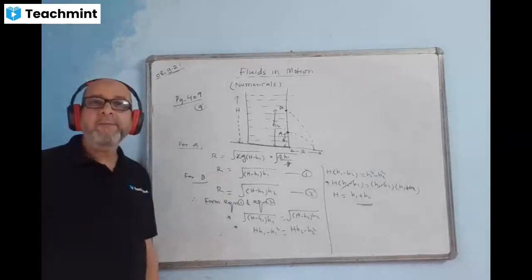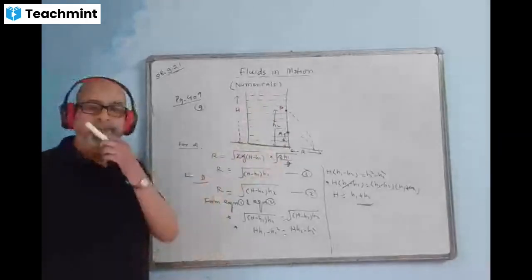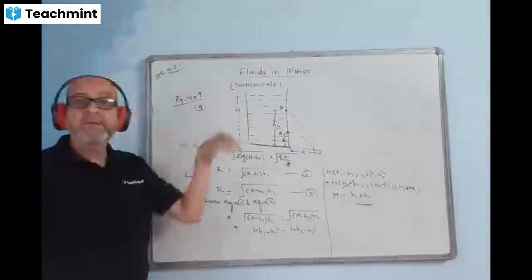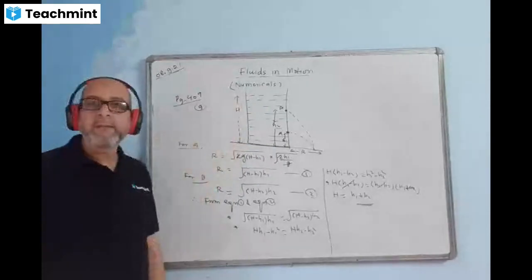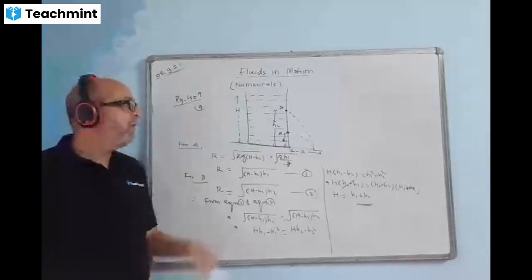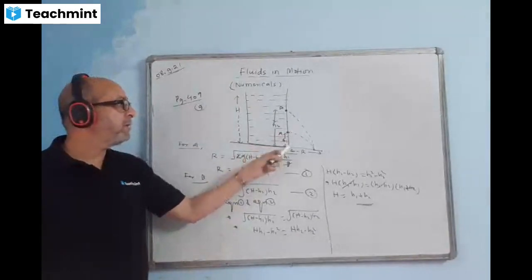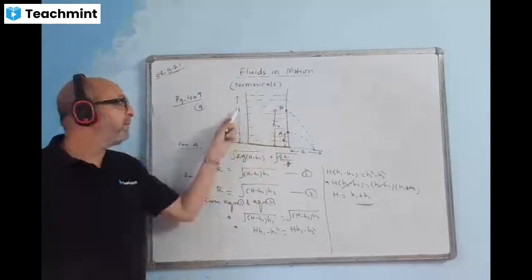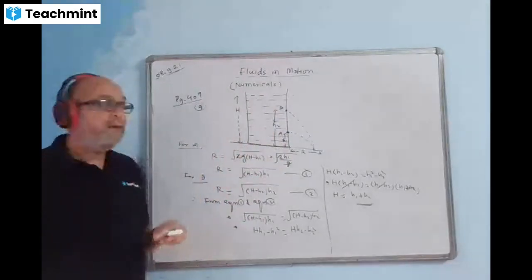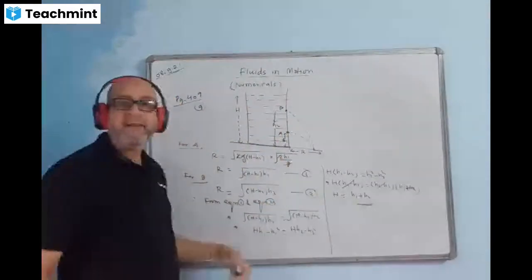I'll just give one example, okay? Suppose we have a water tank which is full of water, and the height of the tank is 10 meter. If you make one hole at 3 meter from here, and another hole 7 meters from here, the 3 plus 7 becomes 10. Then from each hole, the water will hit the floor at the same point.